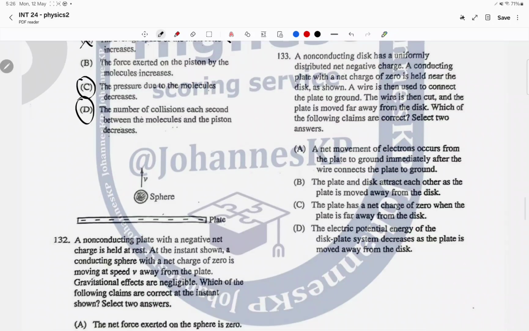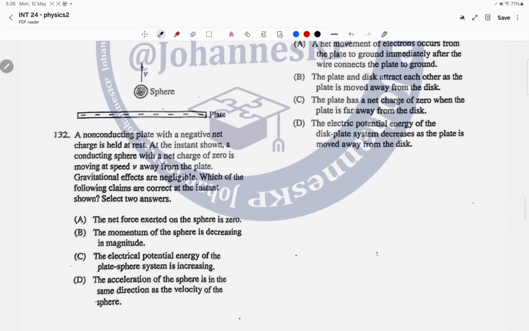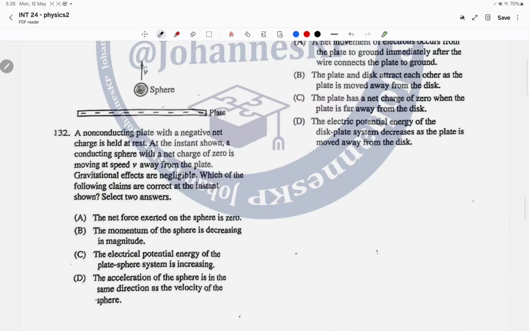132. I mean, it's better to pick two answers. No, if you pick two, you must pick both correct. No. Yeah. That's crazy. I know. 132. A non-conducting plate with a negative net charge is held at rest.